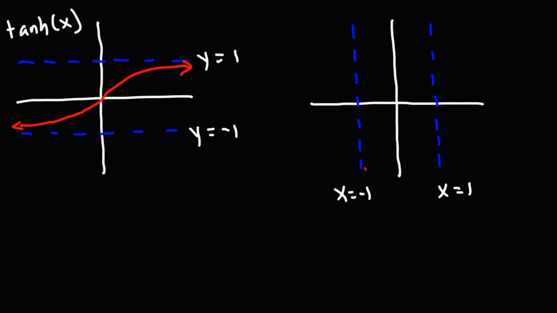So this graph is going to look like this. All of the x values have been switched with y values. So for instance, as x goes to infinity, y approaches 1. If we switch that, as y approaches infinity, x goes to 1.